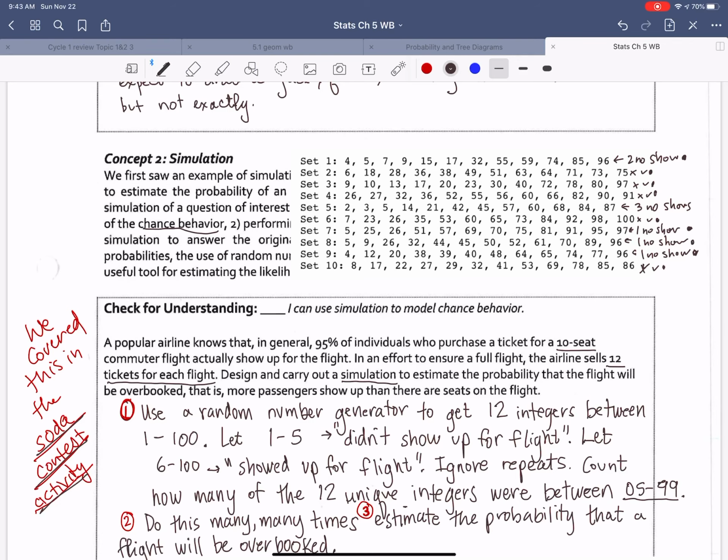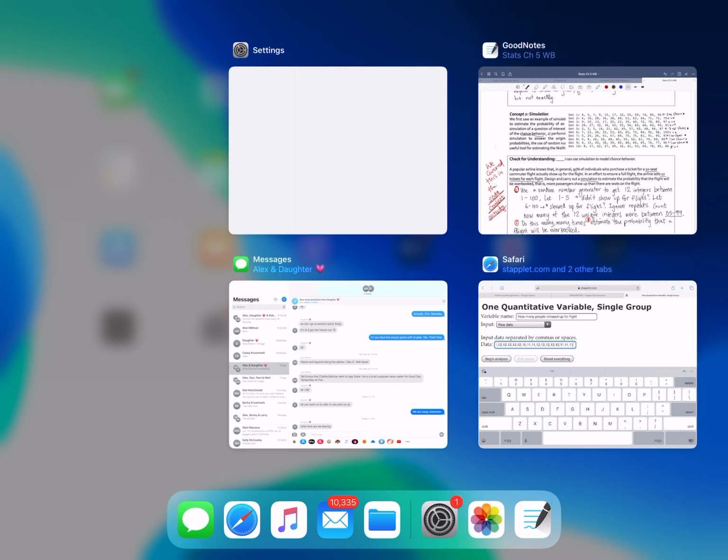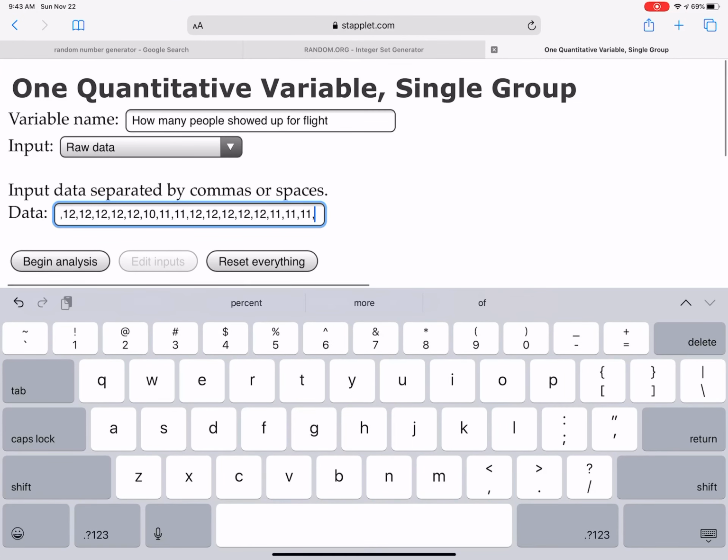This one had 10 people show up, and this one had only 9 people. So 10 and 9.